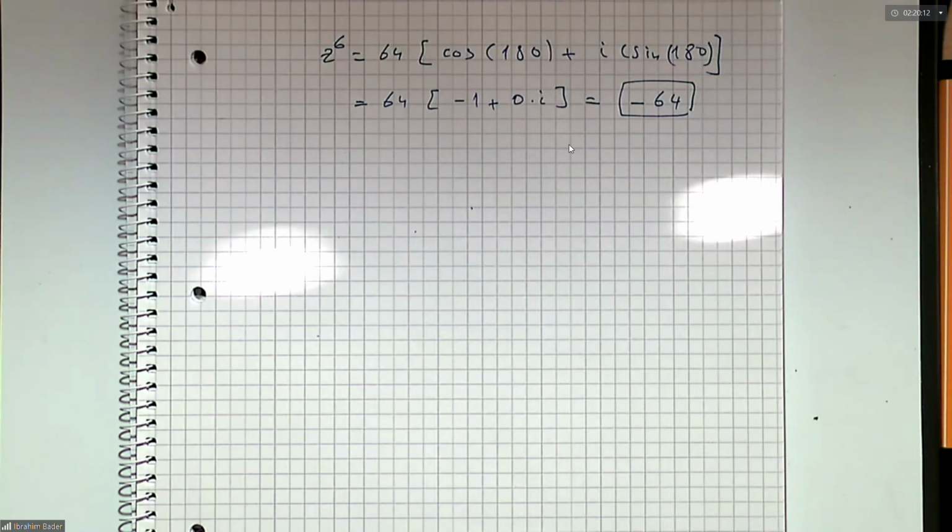What does it mean, z to the power 1/2? What is x to the power 1/2? What is 25 to the power 1/2? Sorry? Square root, right? Now, how to evaluate the square roots for complex numbers?